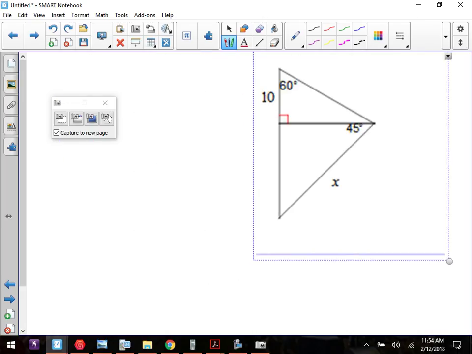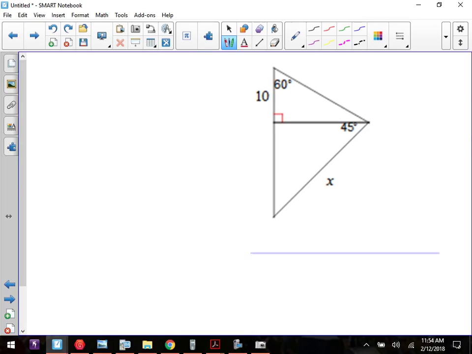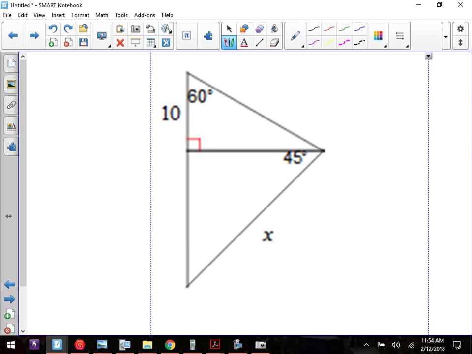And that's when you have 2 special triangles put together, and solving out that way. Let's see, let me pull this up for you.